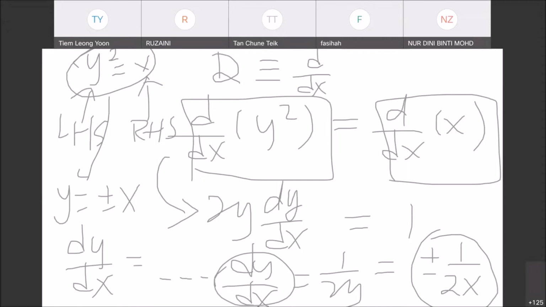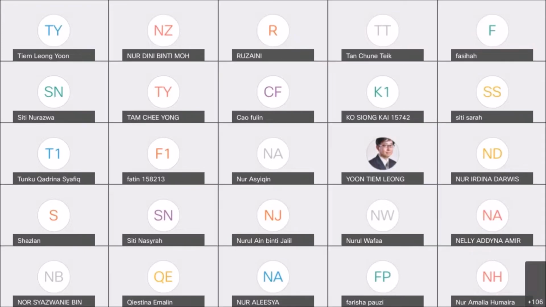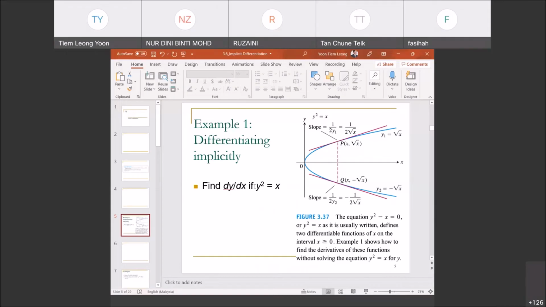so let me show again. Okay, so this is the graph of that, and we have shown that dy dx is just equal to this number.